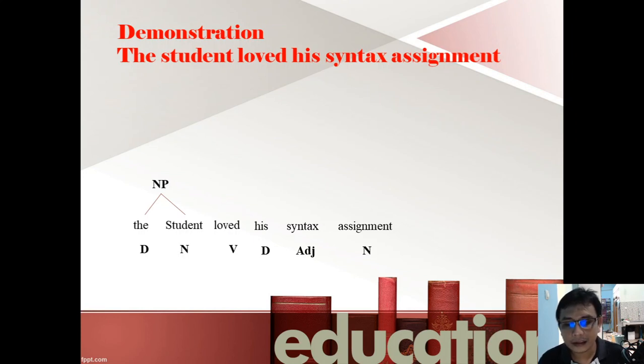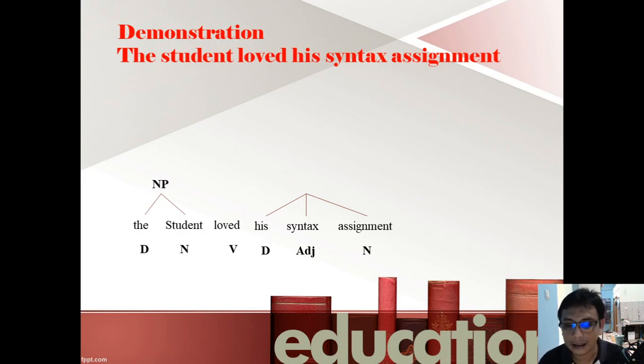Okay, then we'll jump to the end of the sentence, his syntax assignment. We are going to group this into a larger construction. So his syntax assignment. Pay attention to syntax because I'm trying to simplify here, but it should be even more complex than this.